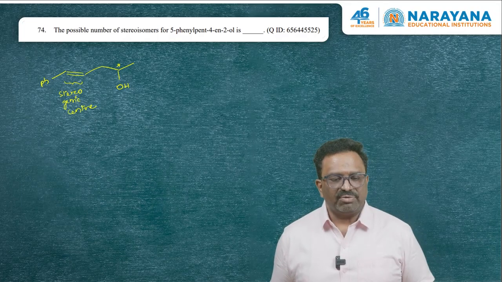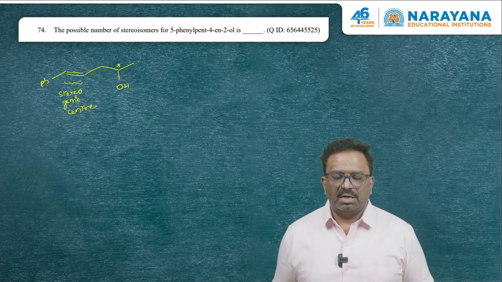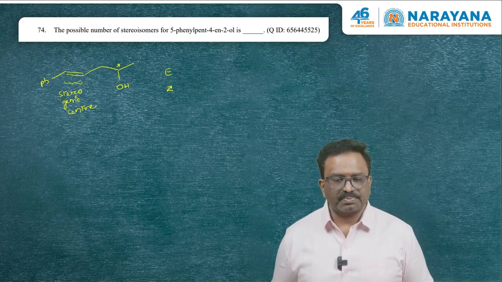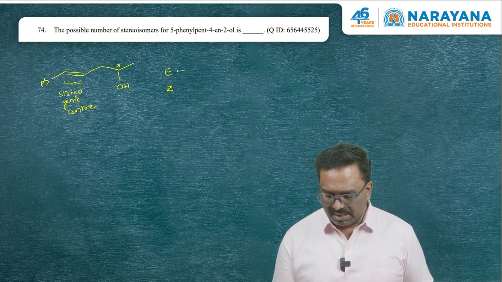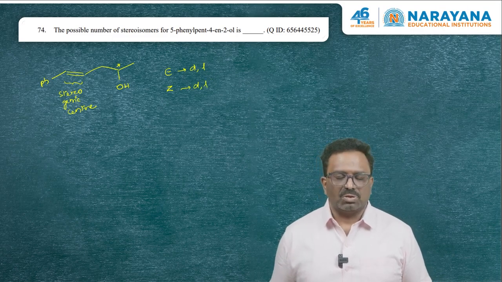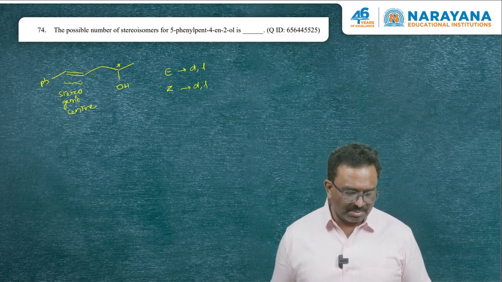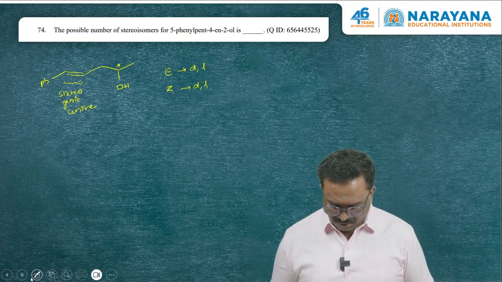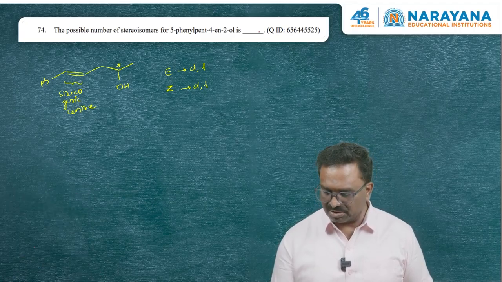Now you can identify at this double bond condition, you can write E or Z. Now E has the possibility of D and L and Z also with D and L. So total number of stereoisomers possible for this given compound is 4 stereoisomers.